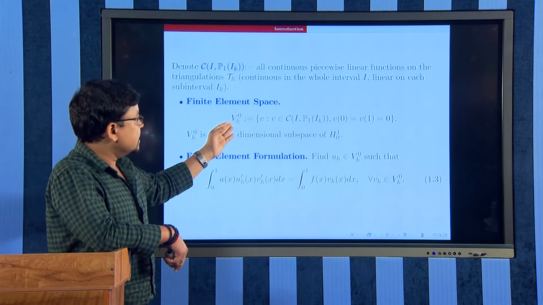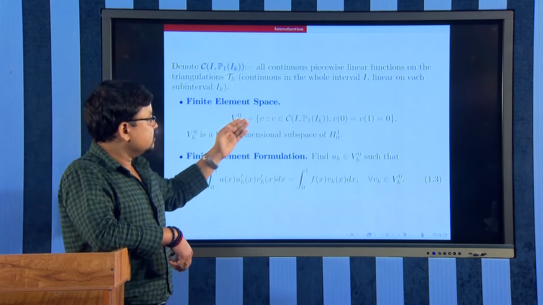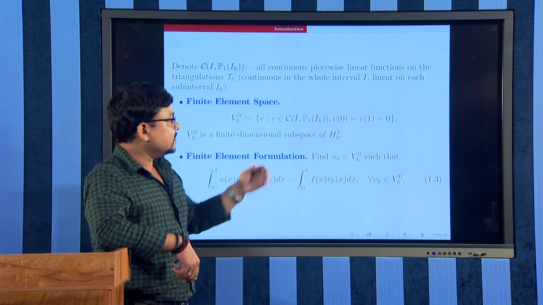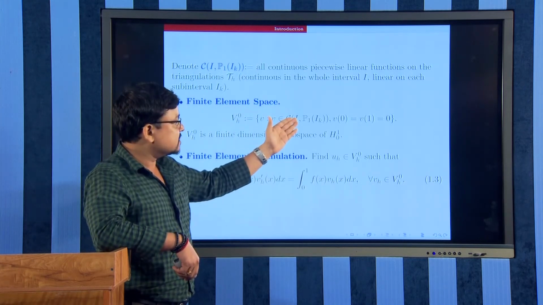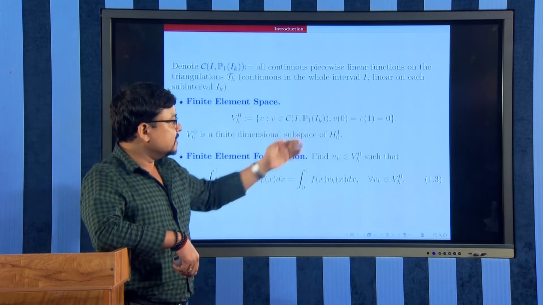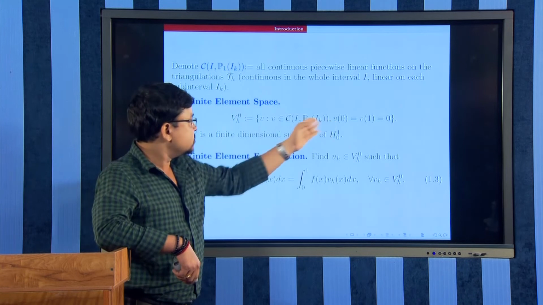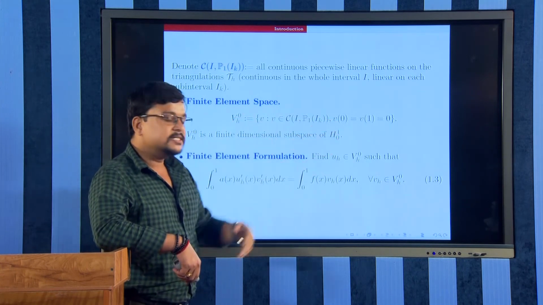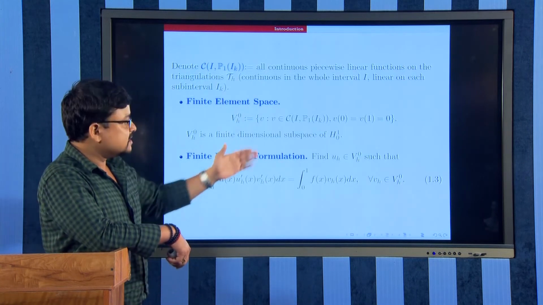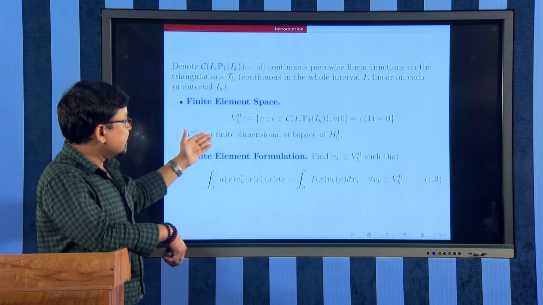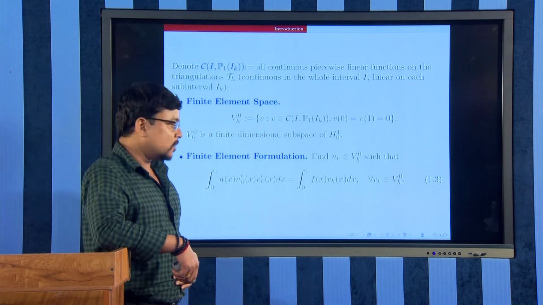That means the finite element space V_h^0 contains all such functions which are continuous in the whole interval and linear in the k-th interval. In each part it is linear, and with this 0 notation we denote that v(0) and v(1) are 0, which means it satisfies the boundary condition. So clearly V_h^0 is a finite dimensional subspace of H_0^1.